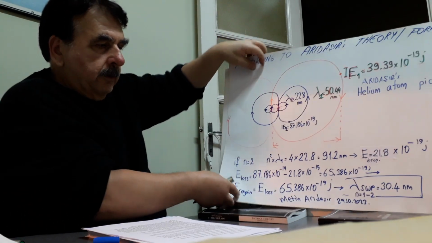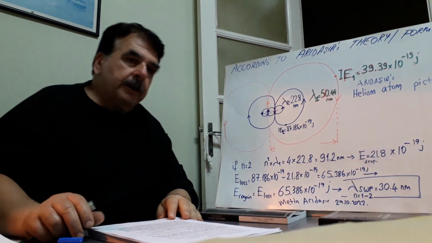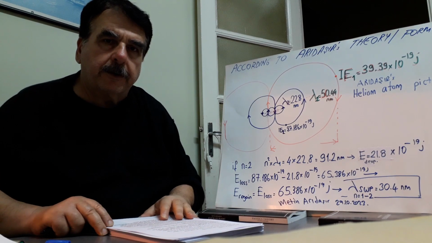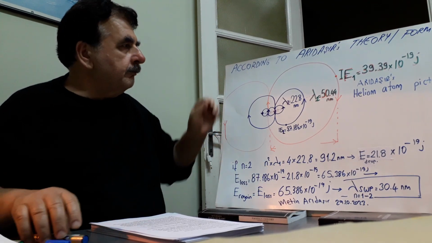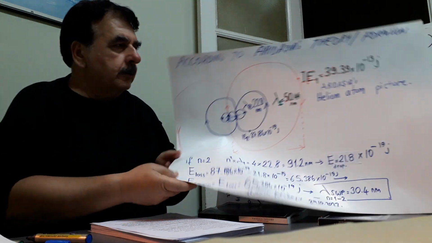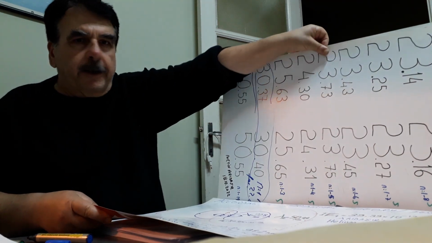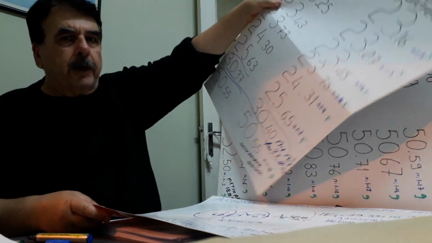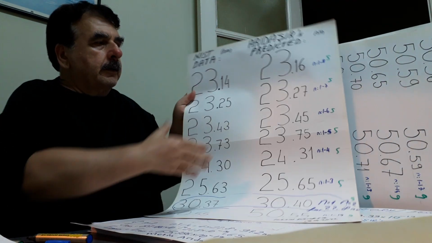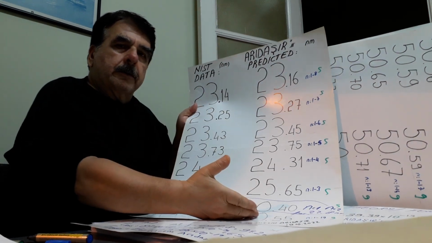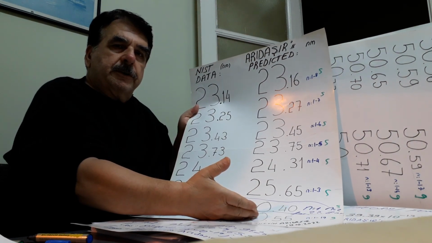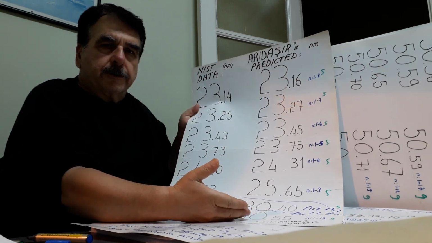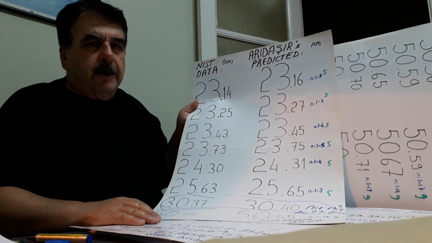Now, we detected two codes, two passwords of helium for finding, for predicting, for determining emission lines, spectral lines, values, wavelength or energies.